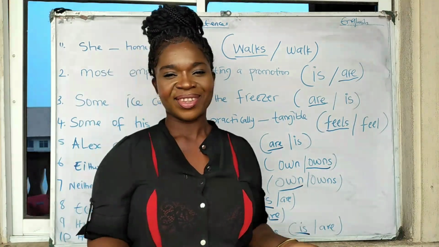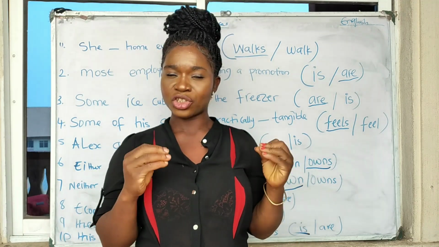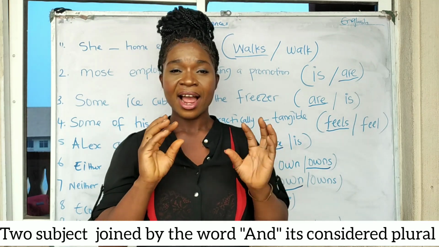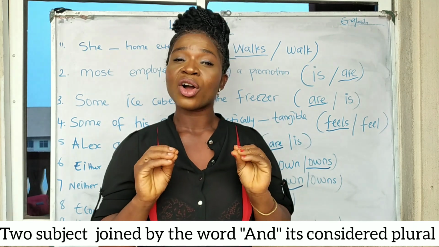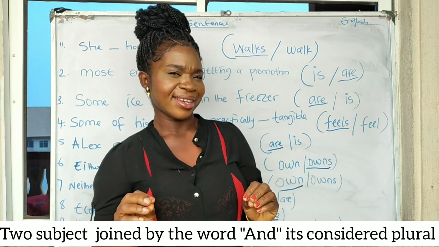Rule number 2 states that if 2 or more subjects are joined by the word and, they are considered plural, and for that reason they are going to carry a plural verb. Do you understand that?